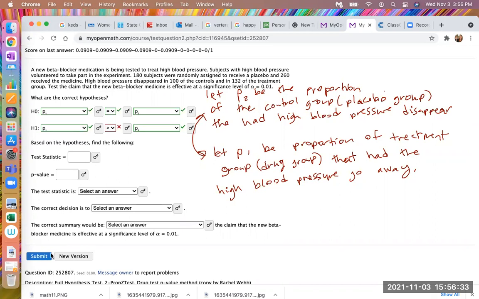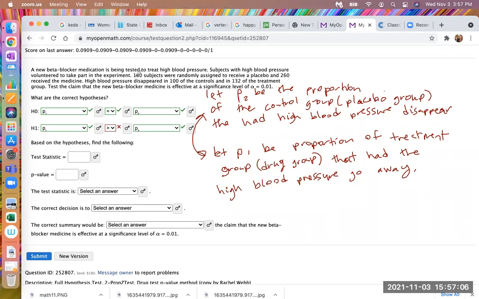All right, and I didn't think that they would, but I am a little worried about this problem because they should tell you, hey, let population 1 be the control group. The only indicator that I had in this problem that I should use population 1 for the control group was because they listed that population first when they first introduced it.